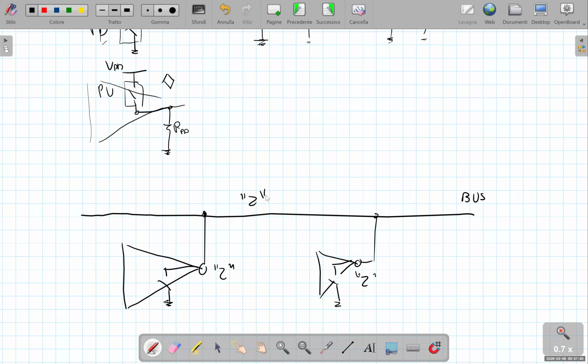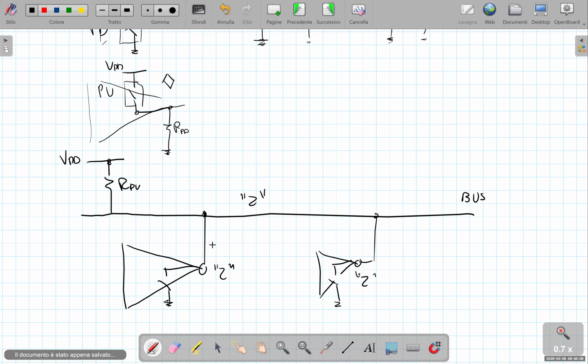If we want to make sure that in this case the bus is not in a high impedance state but is at a high logic level, we need to put a pull-up resistor between the bus and the supply voltage VDD.